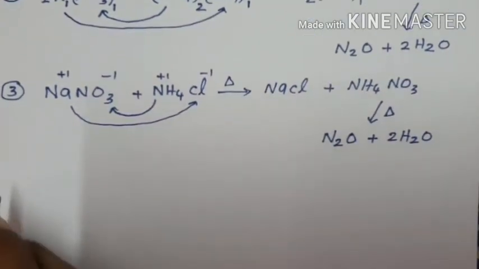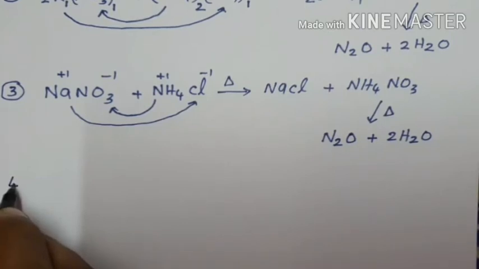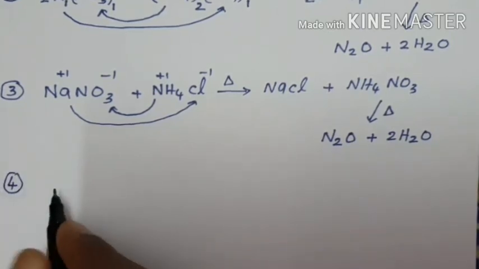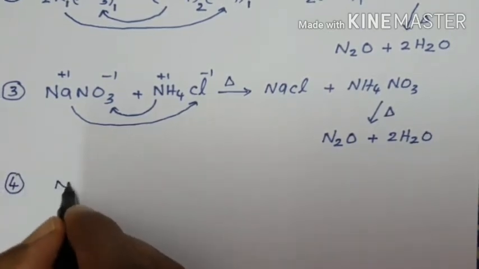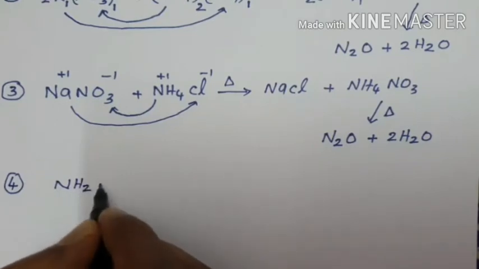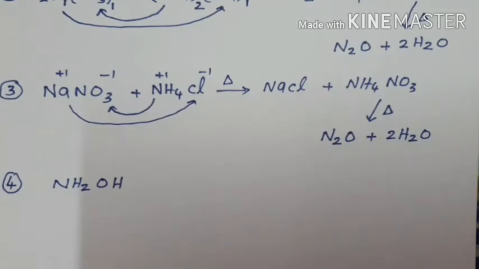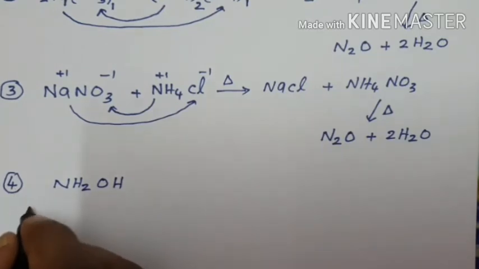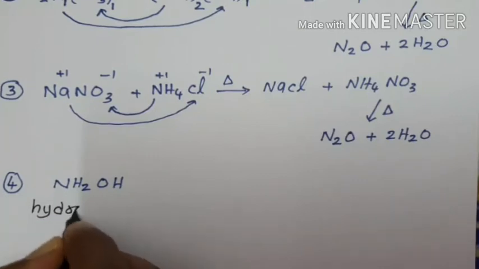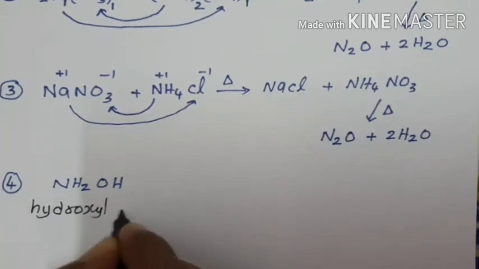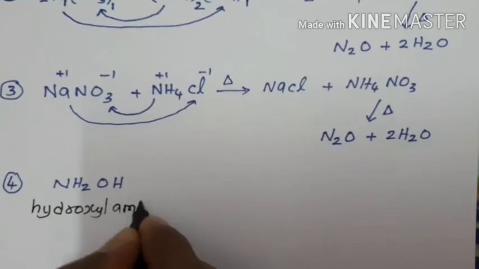Fourth method of preparation of nitrous oxide. NH2OH. We know this is OH hydroxyl, NH2 amine.